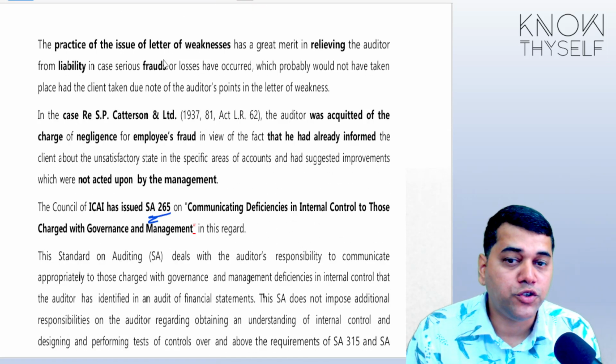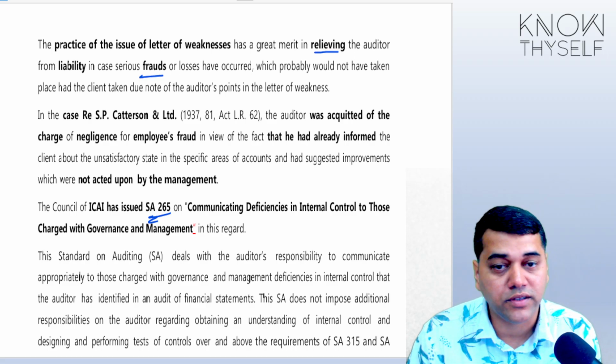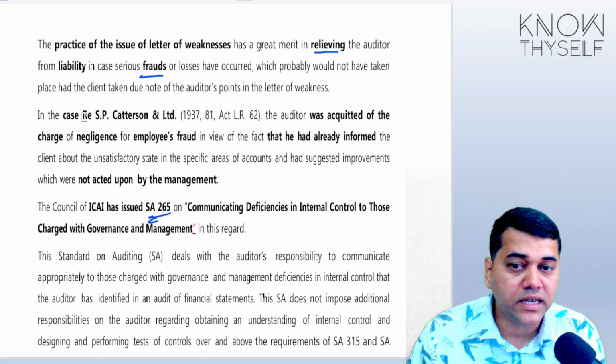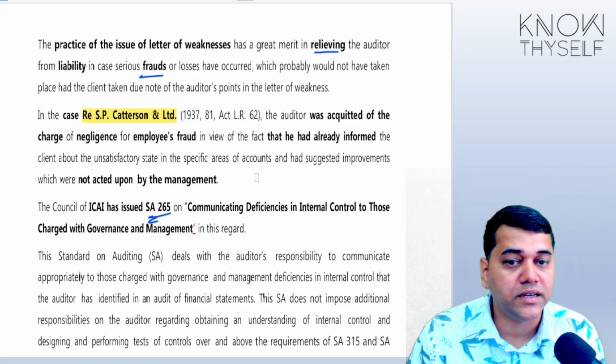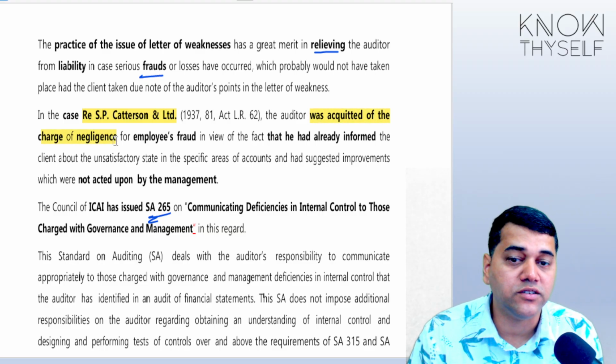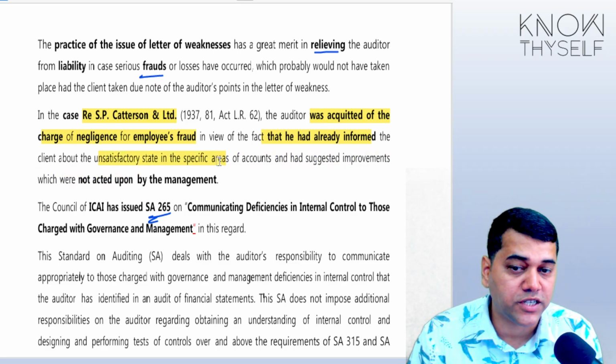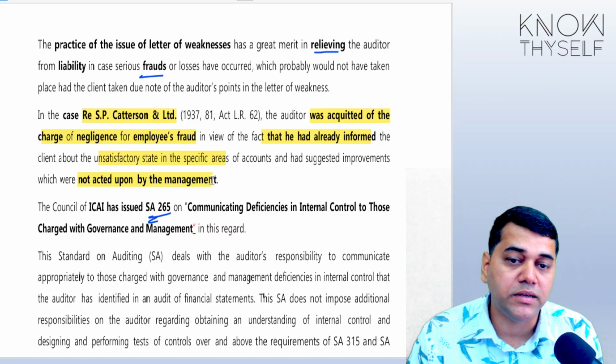Now, the practice of issuing the letter of weakness has great merit in relieving liability in case of fraud, because the auditor can always say that I have pointed it out. In the case of SP Catterson Limited in 1937, the auditor was acquitted of the charge of negligence in employee frauds, in view that he had already informed the client about the unsatisfactory status and it was not acted upon by the management.